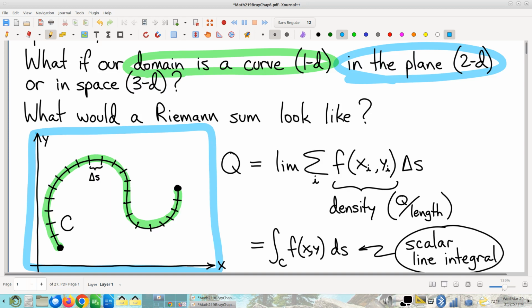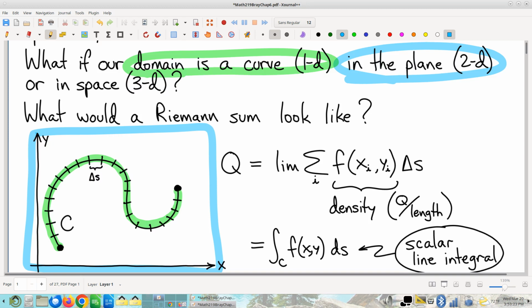And so if I want to make some accumulation argument, adding up over a curve in the plane, or possibly a curve in space, what kind of integral would that be? Tempting to say double integral because we're in a plane, but there's no area.